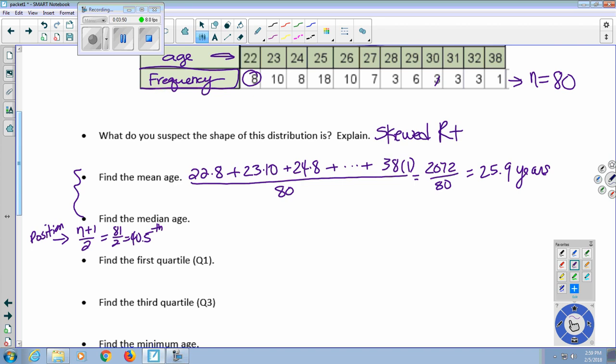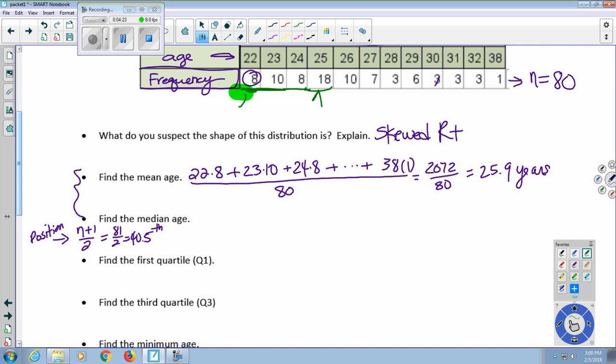So let's look at our table up here. Oops, I forgot that's the highlighter. Let's try that with this. We have 8 at 22, then we're up to 18 total when we go through the 23s, plus another 8 gives us 26 at age 24, and then we add on 18 more to 26, so we end up at 44.